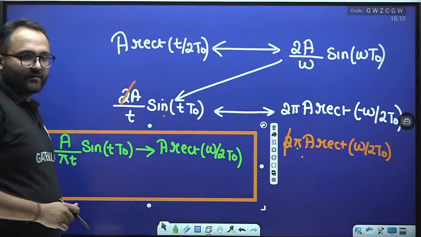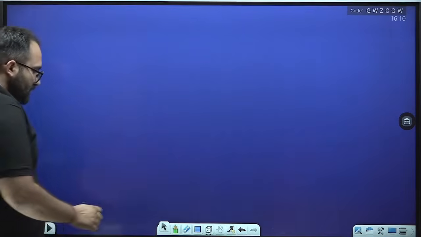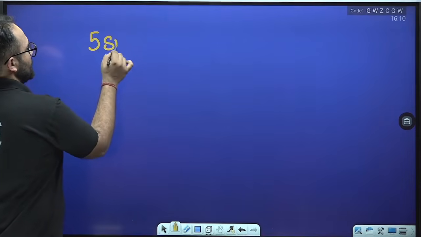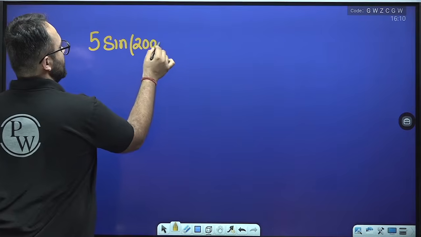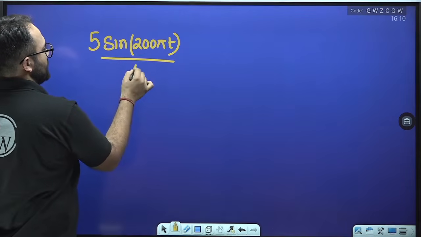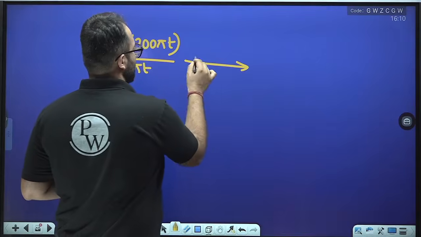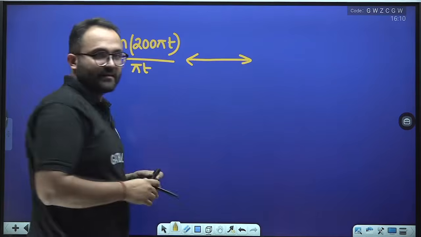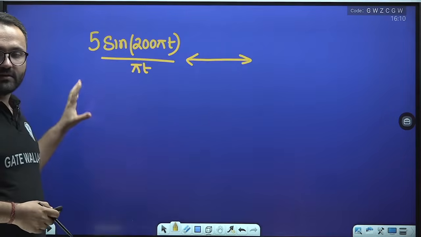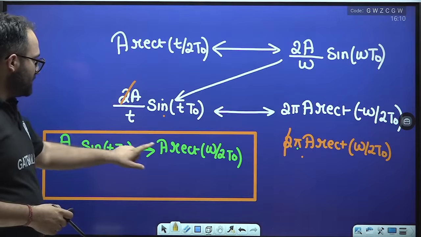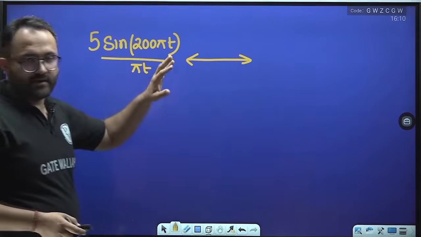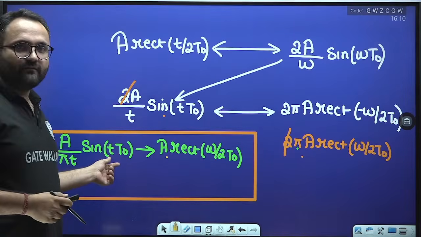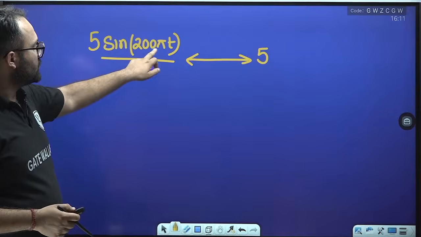Let's see one or two examples on this. If we have 5 sin of 200 pi t upon pi t, the Fourier transform will be, just compare with the result. Here it is A, here it is A. So we can say that A is 5. The term with variable t is t naught, so 200 pi is t naught.